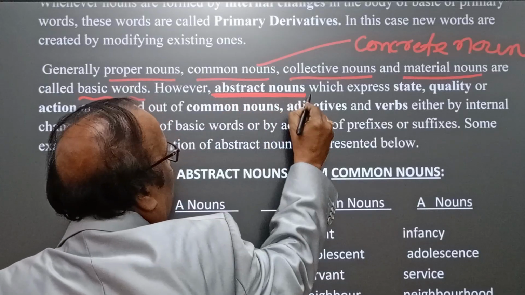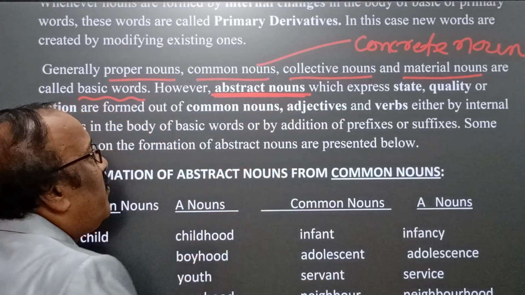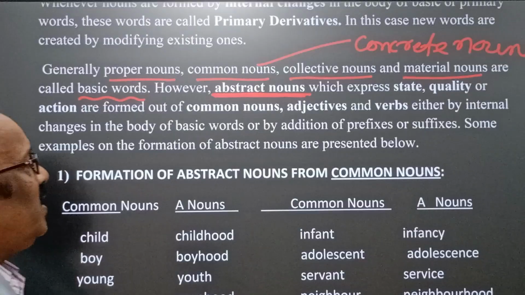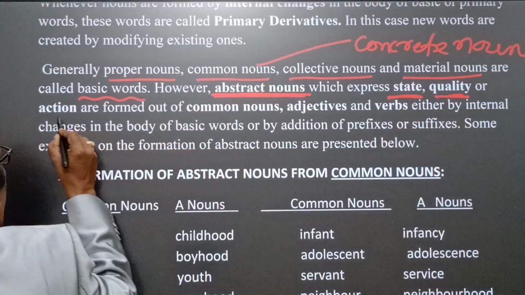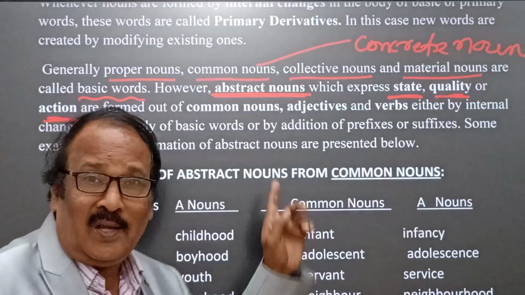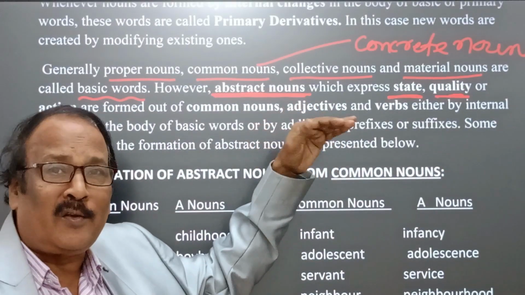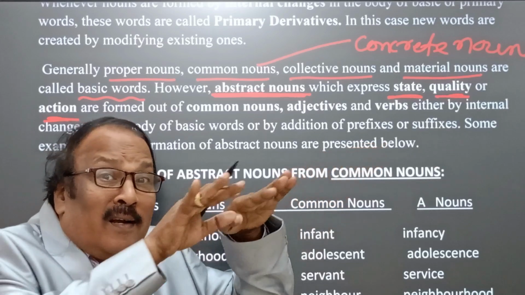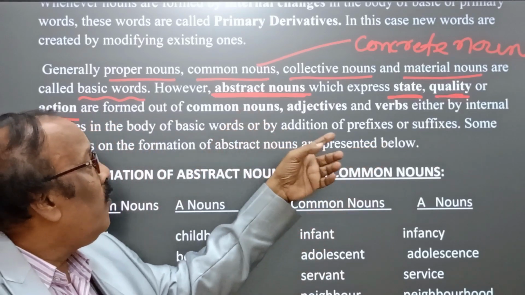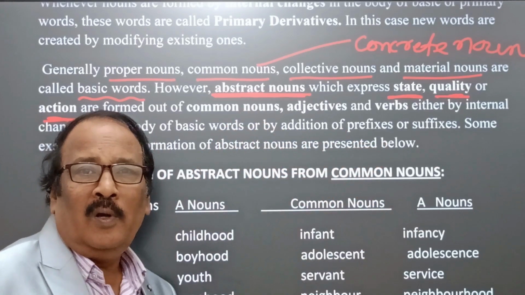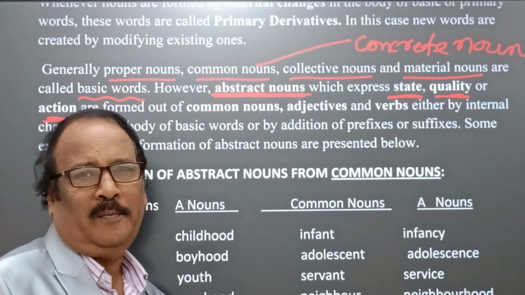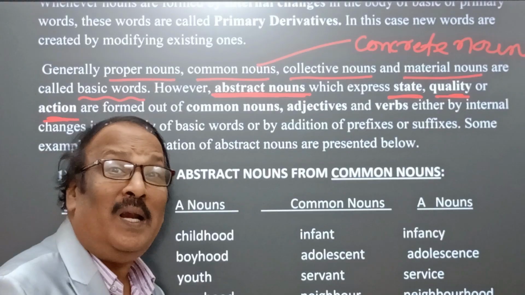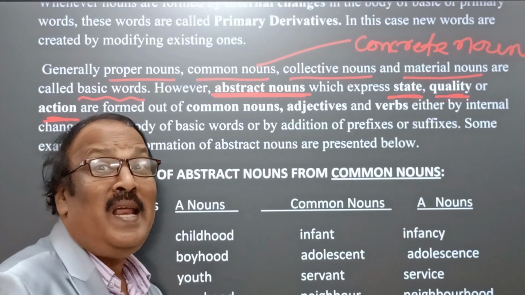However, abstract nouns, this is the difference. Abstract nouns express state, quality, action. I have already told you: state, quality, action. What do you mean by state? Condition. What do you mean by quality? The quality of anything. For example, honesty. Honesty is quality. Innocence, quality. Smartness, quality.